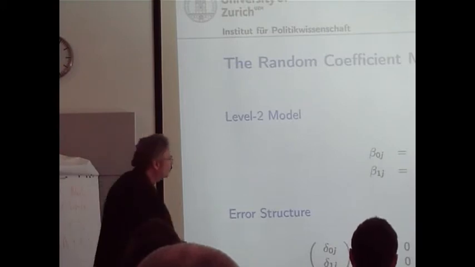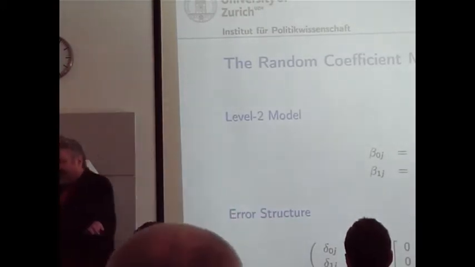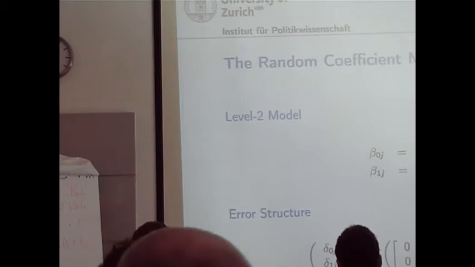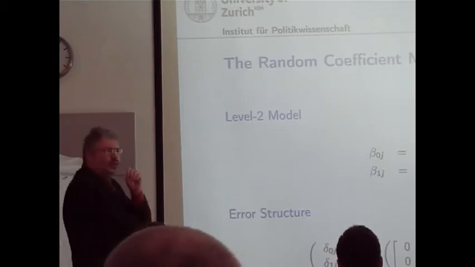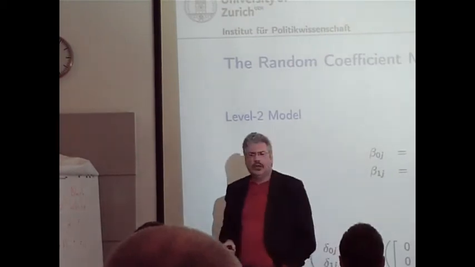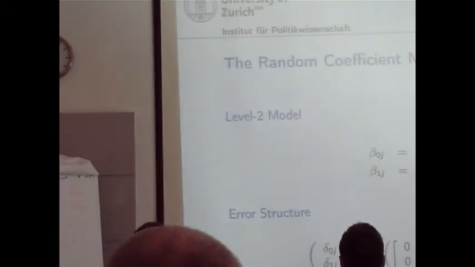Now, because we now have 2 equations, we can actually specify a fairly complicated error structure. We have 2 deltas now. And we want to, of course, estimate the variance for each of these deltas. But potentially we could also allow these deltas to be correlated with each other.